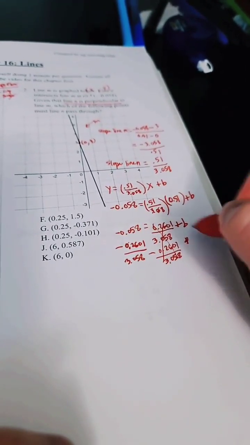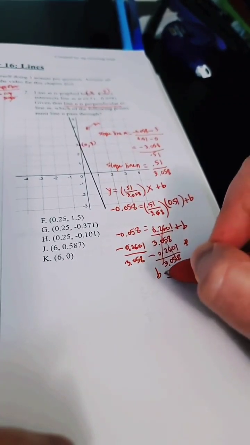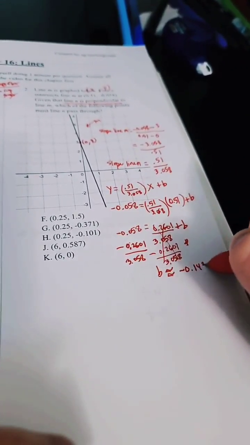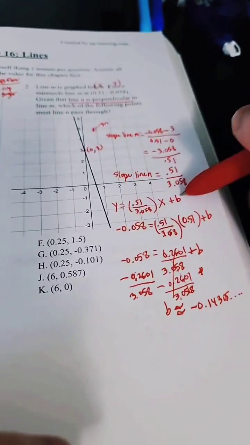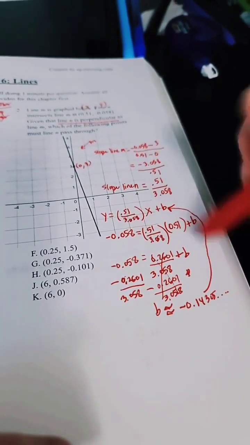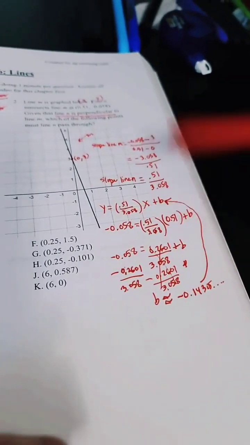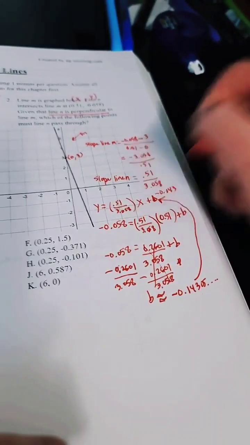So when we solve all that and we plug it into our calculator, we're going to get that b is approximately negative 0.14305 and so on. So that's the y-intercept that we can plug in for b for this equation of a line. Now that I have what my y-intercept is, I know that it's negative, let's just say 0.143.